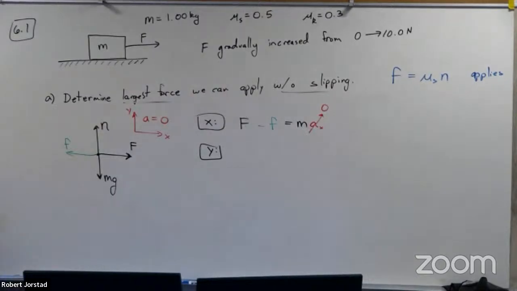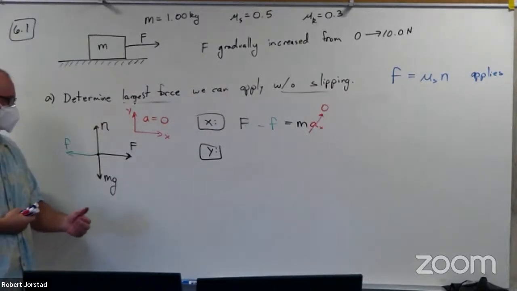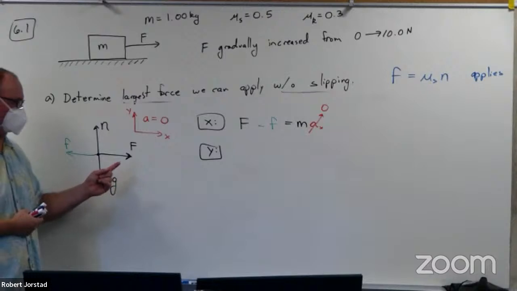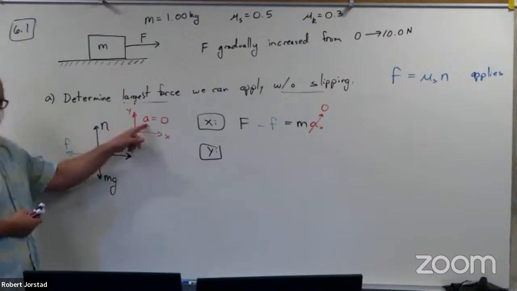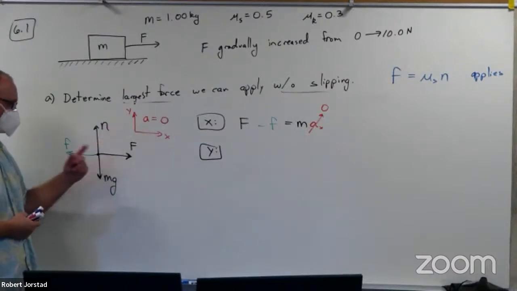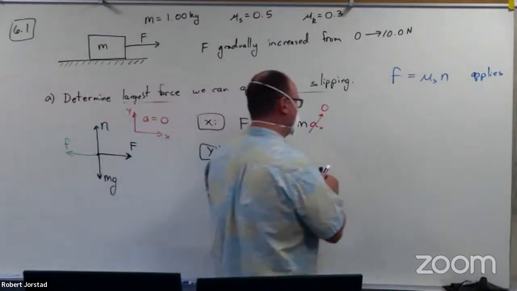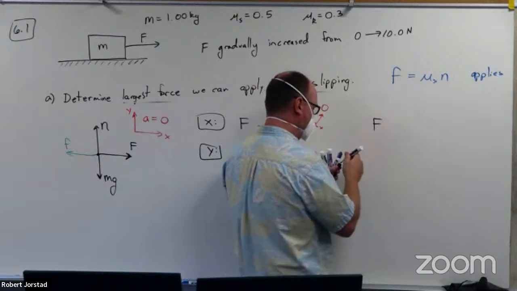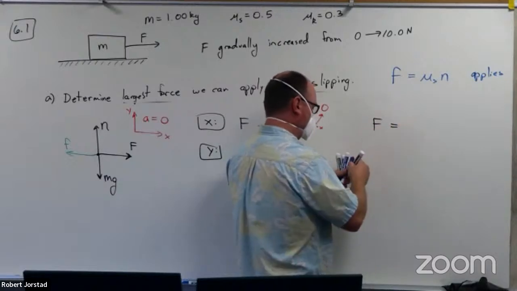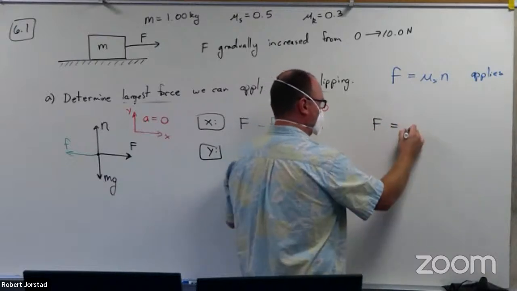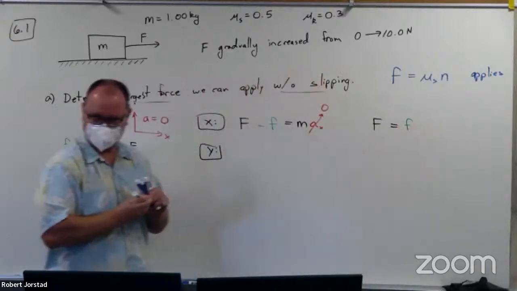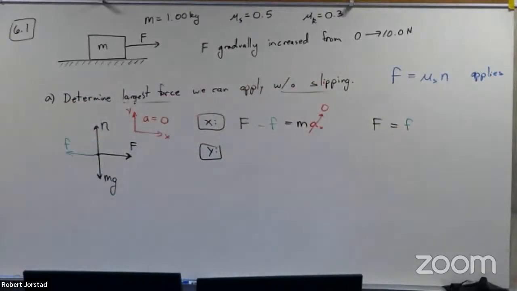Now, to be fair, a lot of us are going to get really lazy in a hurry and not want to write this every time. If you know there's no acceleration, you could just say the rights equal the lefts and the ups equal the downs. So I'm going to do that as well. F equals f. And notice it's critical that we keep track of that uppercase and lowercase. Okay.